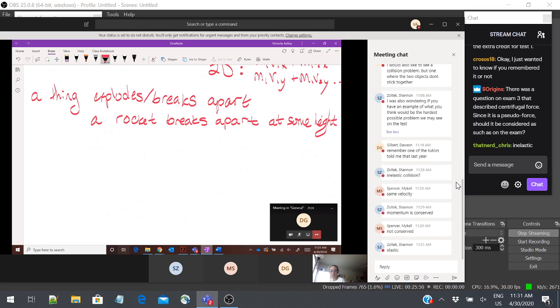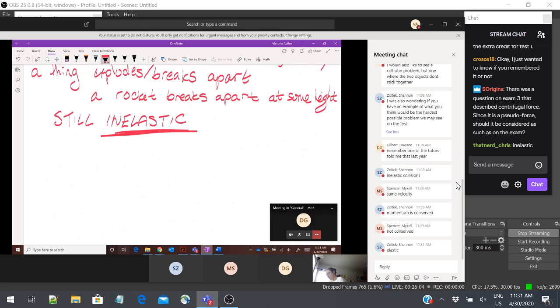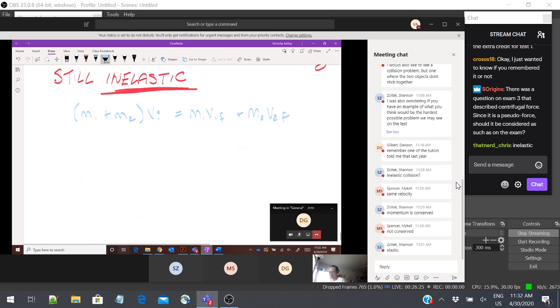Okay, rocket explodes or breaks apart. This is still inelastic because it is still a change in the number of objects. And all these same rules apply. You would still do momentum conservation. It's just now it would be m1 plus m2 v initial equals m1 v1 final plus m2 v2 final. Same idea. So if you're changing the number of objects, you're going to be doing this. From one object into three, or from three objects into one. Okay.